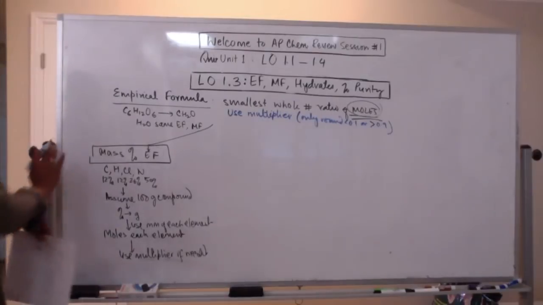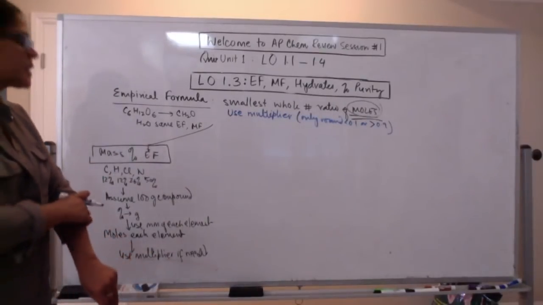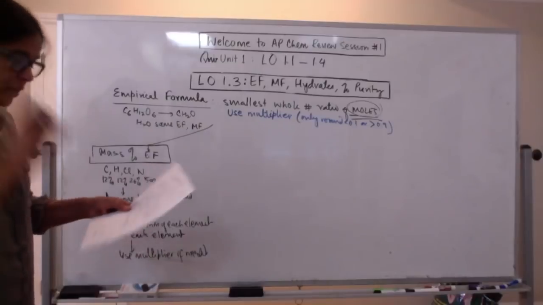So using mass percent to get empirical formula is pretty formulaic, straightforward.